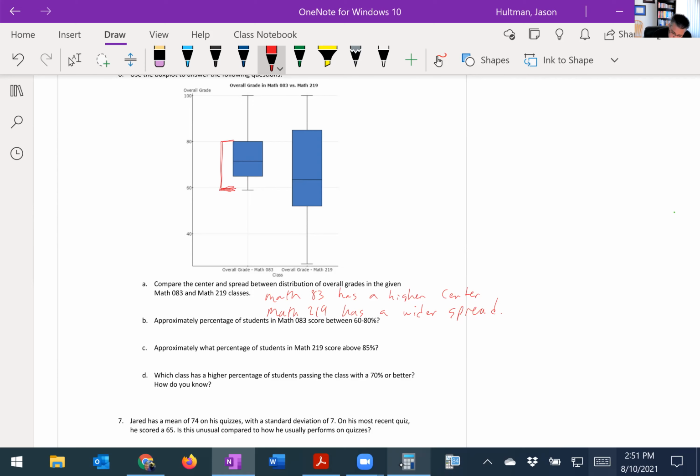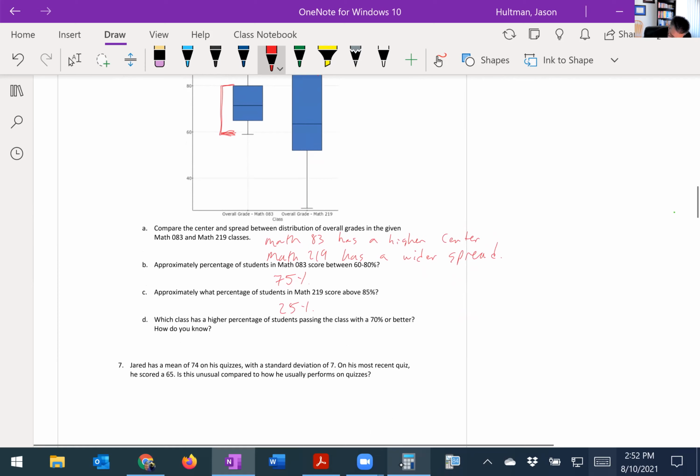If that includes 3 quartiles, which is 3/4, that means that it's 75%. Approximately what percentage of Math 219 is above 85%? So that's this quartile, which is only 1 quartile, which is 25%. The top quartile.